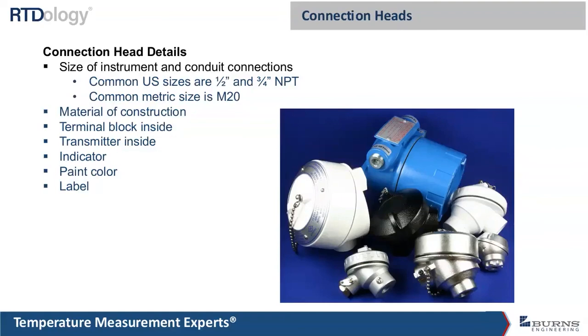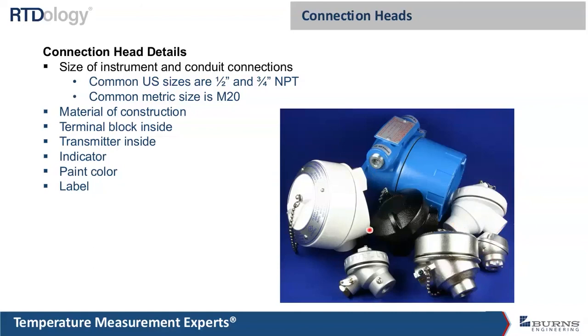Things to look at here would be the size of the threaded ports on them. Right here, you can see some of the other ports. Typically, the conduit side is going to be 3/4 inch NPT. Some of the really small heads actually have a straight thread, so it's not really an NPT or a tapered thread. It's just going to be a straight thread.